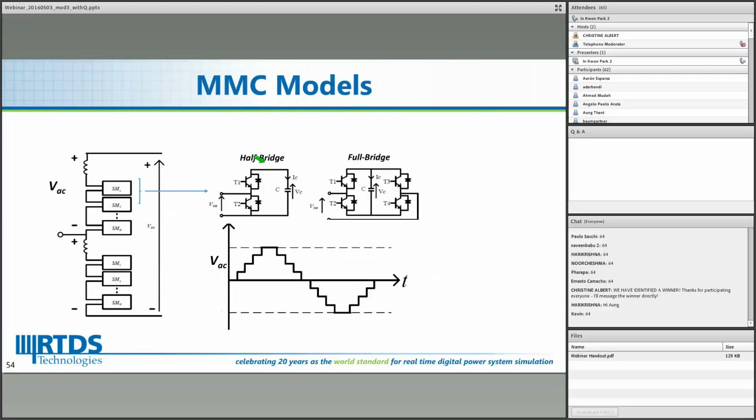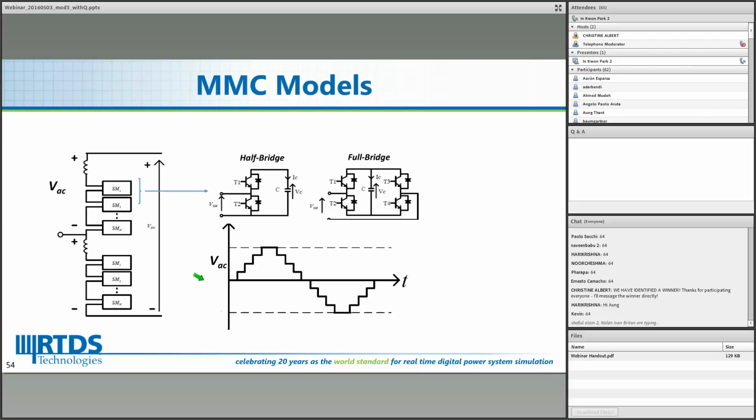Now practically all of the high power electronics applications are converging into a single topology, which is usually referred to as the MMC, multi-level modular converter. So RTDS offers 3 different ways of modeling an MMC system in your simulation case.